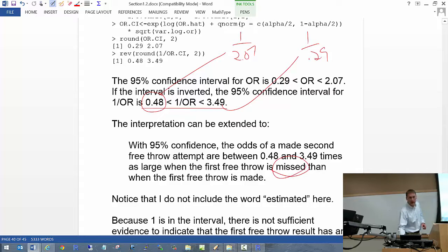Remember how I inverted the odds ratio? Then when the first free throw is made. Okay, so the key thing here is for Larry Bird, the value of 1 is inside this interval. So what that means is I cannot prove that indeed that first free throw attempt has any effect on the second free throw attempt.